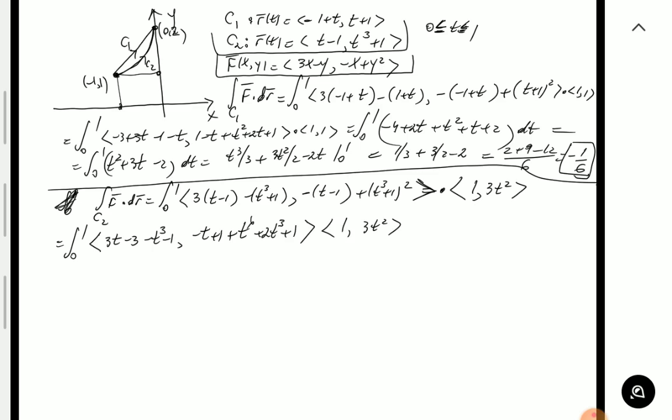Might as well do it and have this for practice. So the dot product between 3t minus t cubed minus 4, this is times 1, plus t to the sixth, 2t cubed minus t plus 2, multiplied by 3t squared dt.